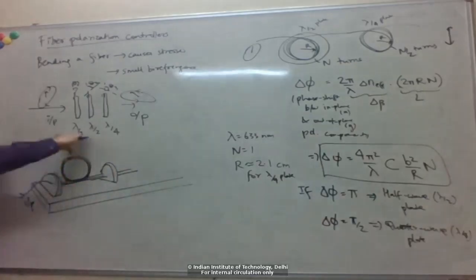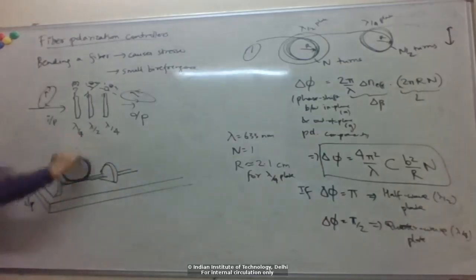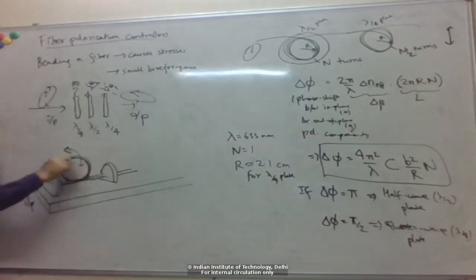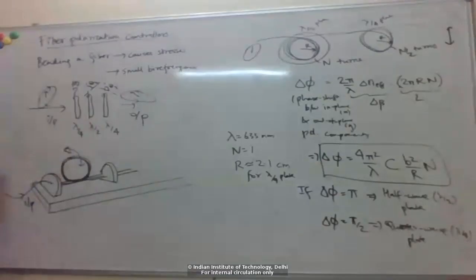This is like a paddle that you can rotate. Let's say this is placed in the plane of the board. You can rotate this paddle about the board axis, so you can bend it out or in.